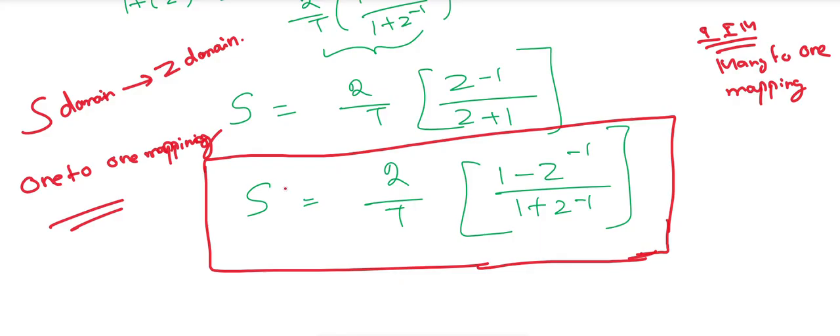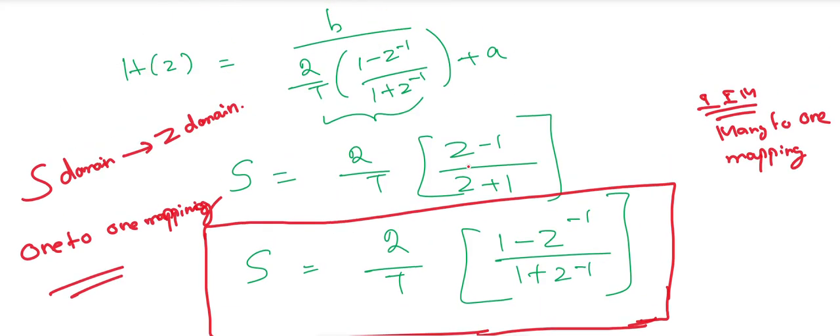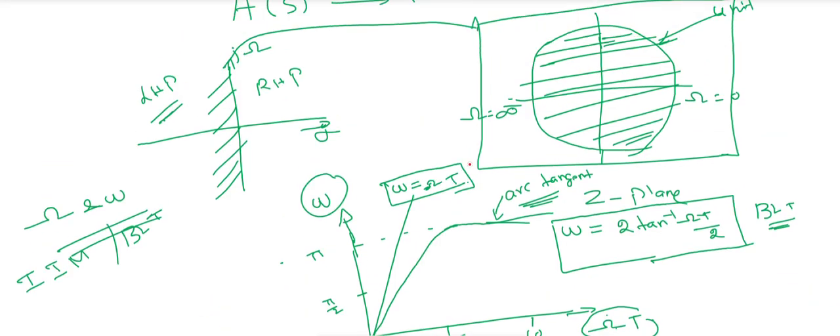The imaginary axis is transformed into the unit circle only once.